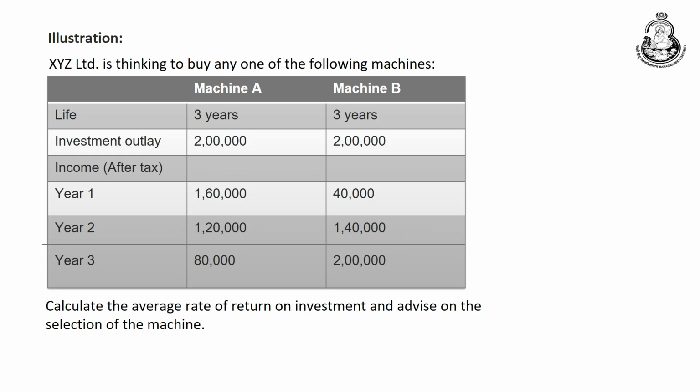Now, from this information we would show you how the average rate of return is calculated using the formula that we have already discussed, and we will let you know how the decision of accepting or rejecting the project would be taken. The calculation would involve first the average income after tax.